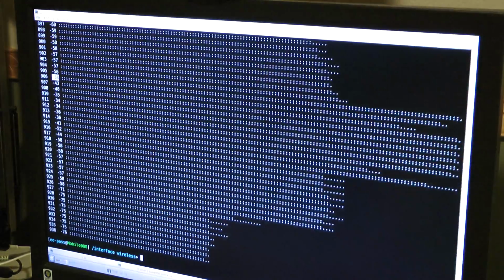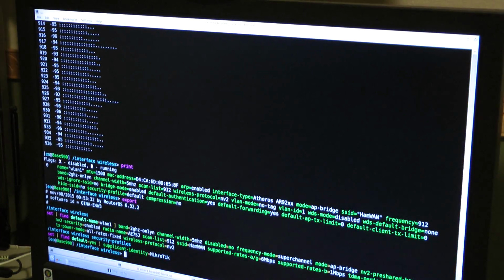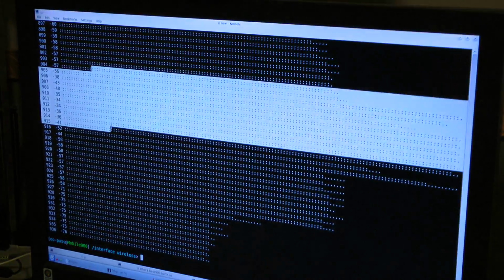Minus 38 plus 53 should be plus 15. So that does actually make sense. Maybe off by a couple decibels, but pretty close. So the math says this is actually transmitting plus 15 dBm, not plus 13. Close enough. I will take this as a good spectrum rating.